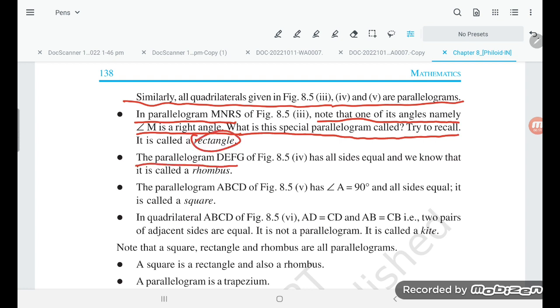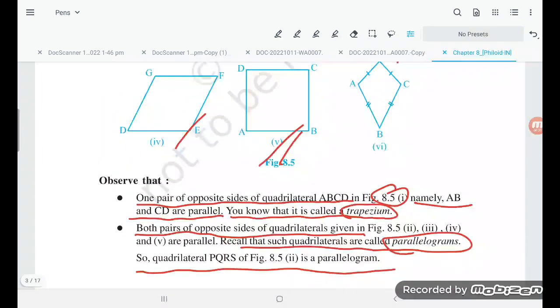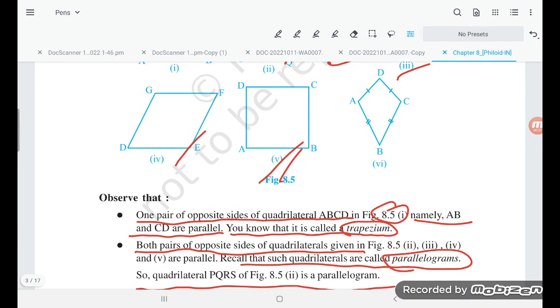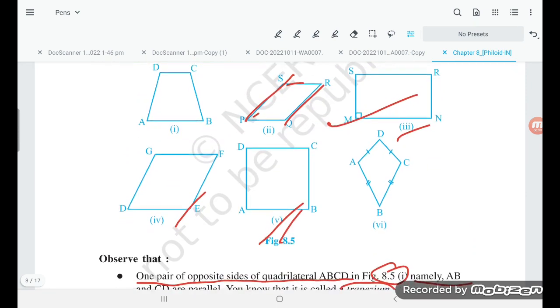The parallelogram DEFG has all four sides equal. We know that it is a rhombus. So 8.5 (iv) is called a rhombus.